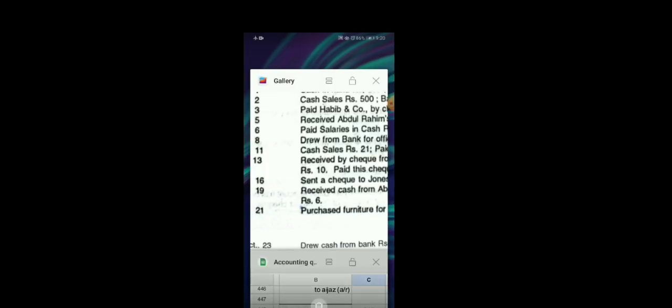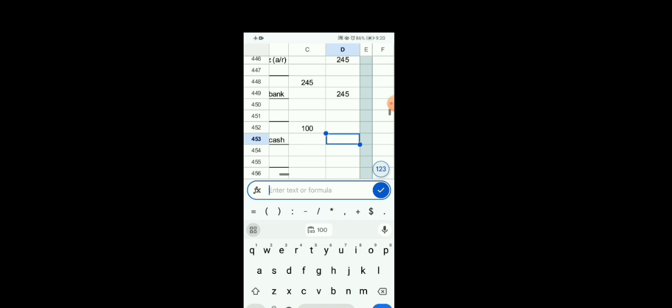We will pick this entry and we'll write over here, and 31st a was different, but we will complete 31st b right now. 31st b's amount is 100 rupees. So you are going to write 100 rupees on debit side, and same amount you are supposed to write on credit side.